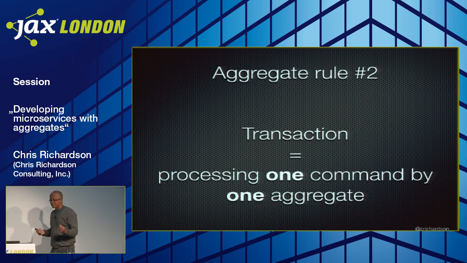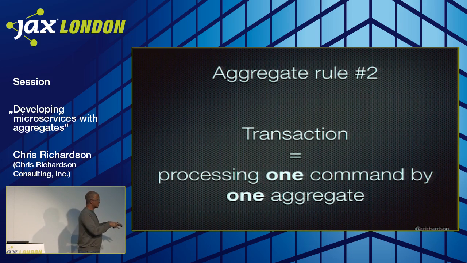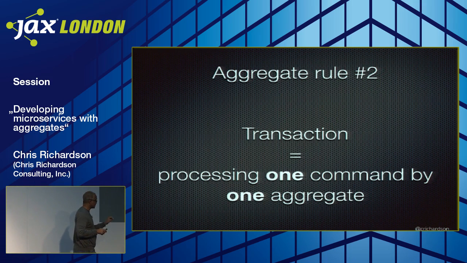But it turns out that if you think about what this means in the context of a microservice, it accurately captures the constraints that you need to live under in a microservice architecture. Namely, every transaction has to be contained within a single service.